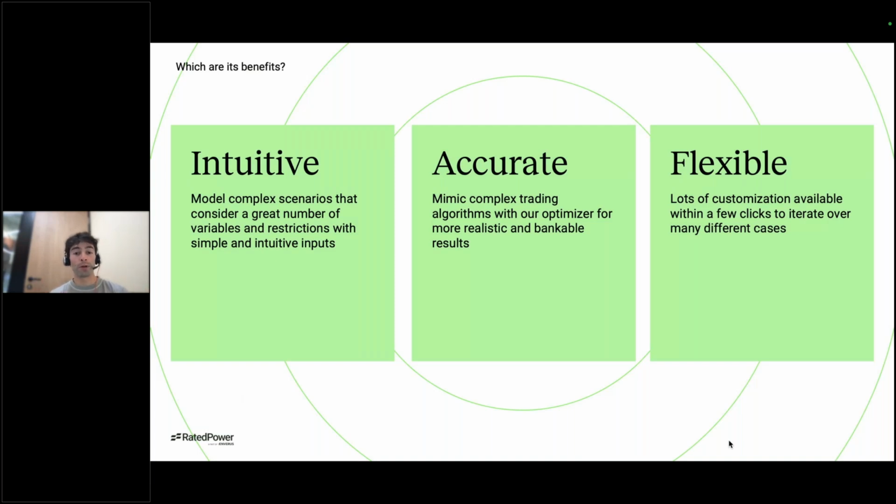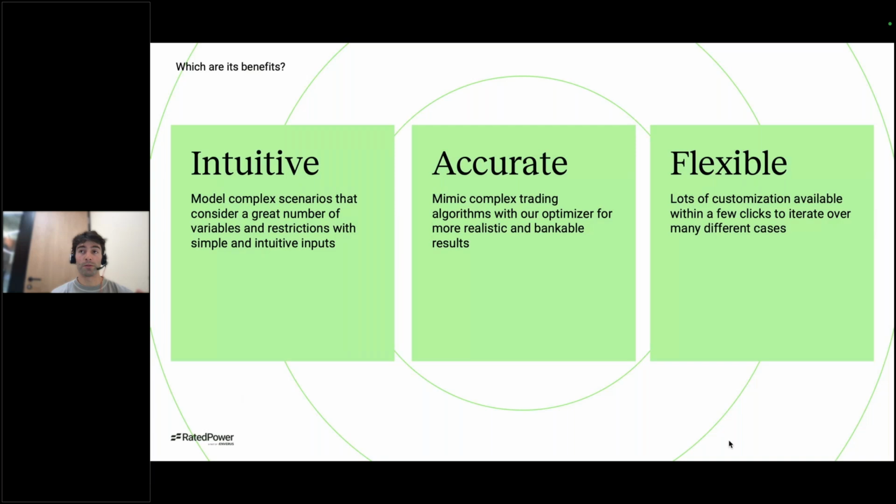It's also accurate. We decided to go with an optimization approach. There are other software products in the market that currently follow a more analytical approach, but we decided to go for an optimization approach because we think it's what really replicates what's happening in those trading desks, when you're trading and operating with the battery, trying to maximize the profit.